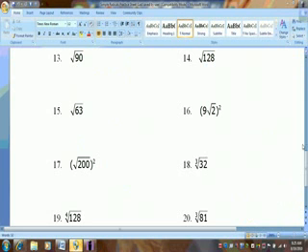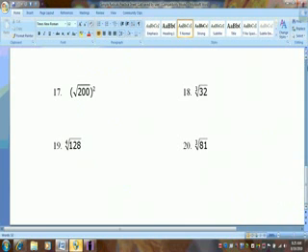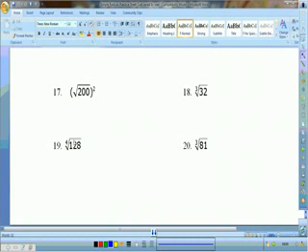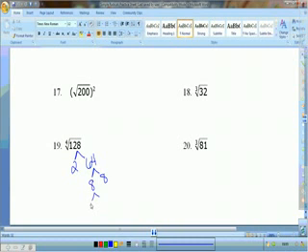And last but not least, I believe, for 19 and 20. For number 19, we're looking for the fourth root of 128. So if it's a fourth root, we're looking for groups of 4. So I'll do the 2 and the 64 again as my factors. 64 is 8 times 8, 2 times 4, 2 times 2.